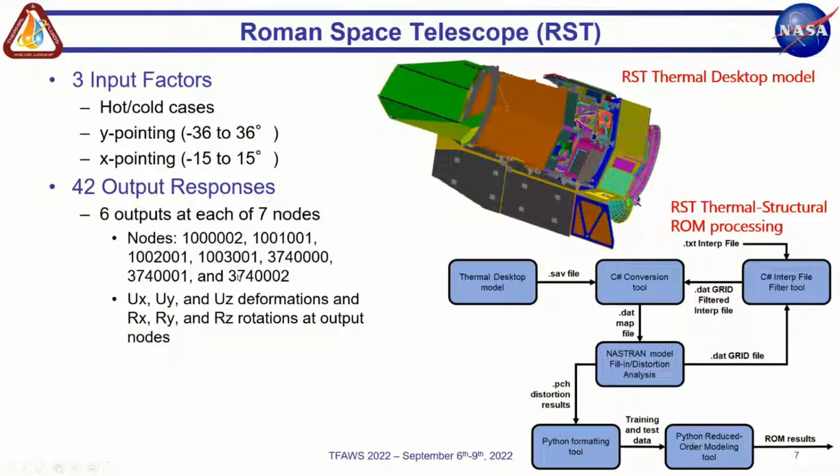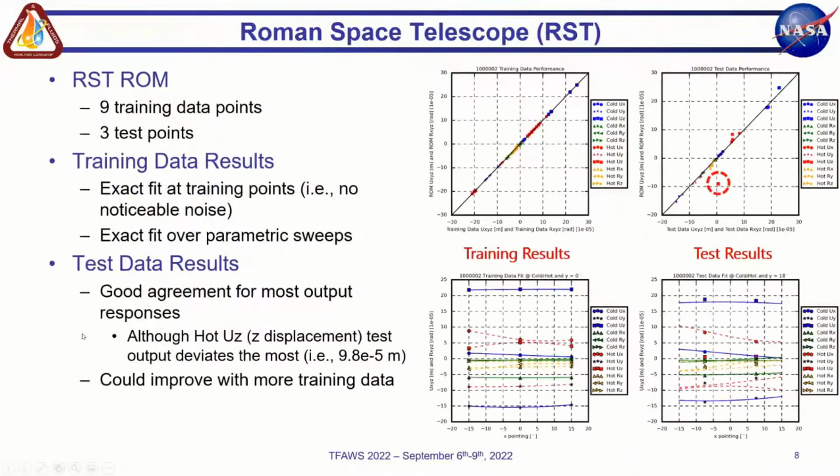And these are the node numbers here, not very interesting, but we did have 7 nodes that we were looking at. And at each of these nodes, we were looking at both X, Y, and Z deformations and X, Y, and Z rotations at each of those locations. So again, 3 input factors, 42 output responses. Let's take a look at some of the results of this.